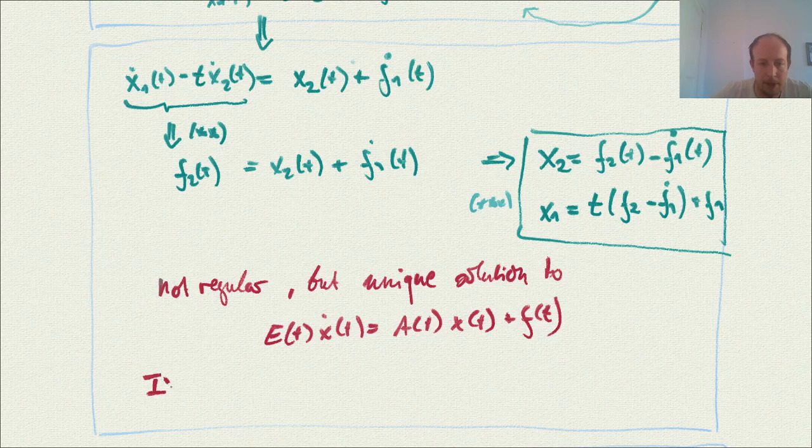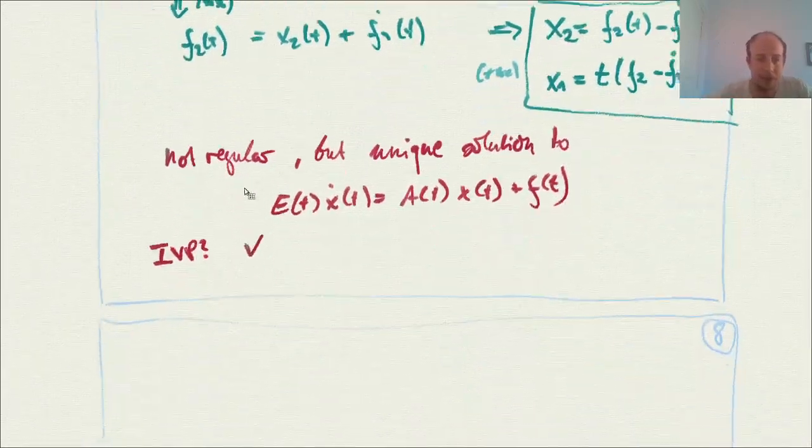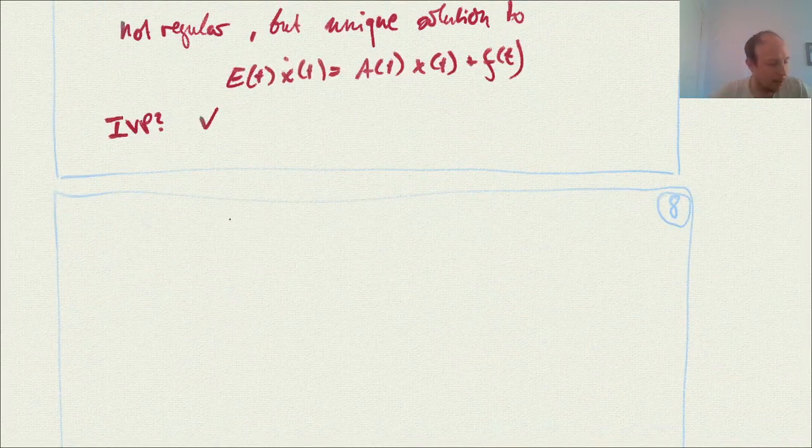And what about the initial value problem? Yeah, you can use the same arguments. Then you just choose the initial value to be x2 at this time and x1 at this time, and that's also given. So the initial value will not change anything to that. So this is okay.